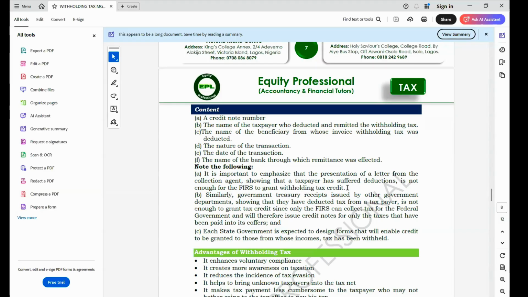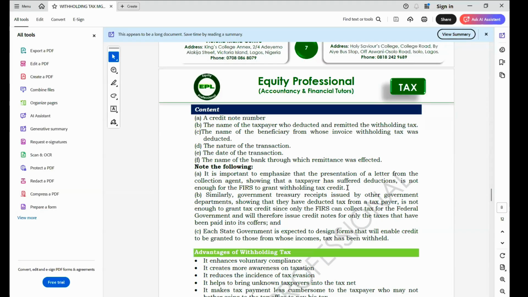Most of these ministries and parastatals, after deducting the withholding tax, fail to remit it to the relevant tax authority. What they do instead is present a letter to the beneficiary showing that they have deducted some amount from the beneficiary.